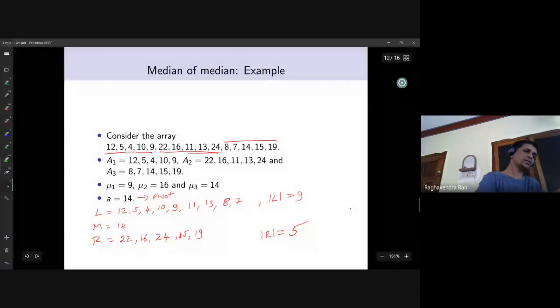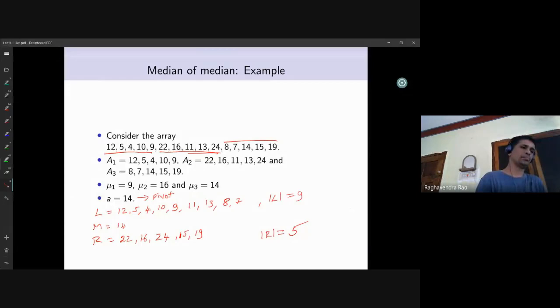You take the medians, put them as an array: mu1, mu2, mu3, and then recursively compute the median of them, and take that value. Use that as a pivot. Partition the array into 3 parts. You recurse on either the left part or the right part, depending on the value of K and the size of L as well as R. That is all the algorithm is.